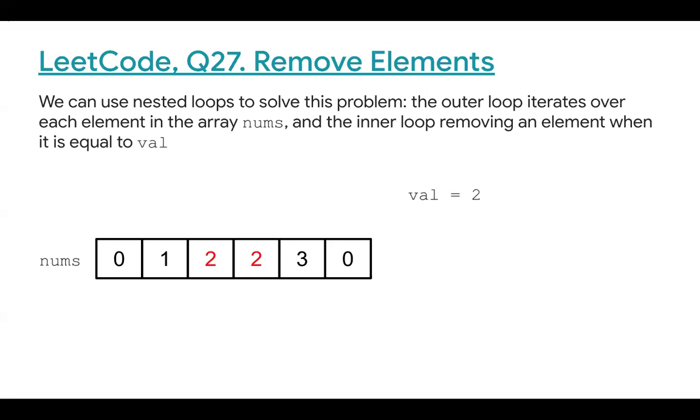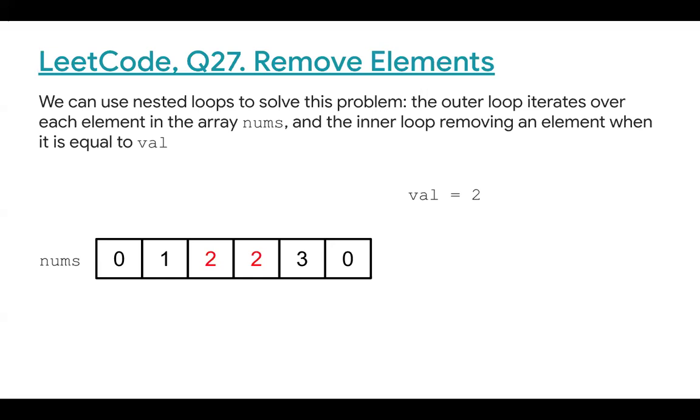Okay, so as you may recall, in the last lecture, we know if we want to remove an element from the array, and when this element is at the beginning or in the middle of the array, we often need a loop, right? Because we will have to move the elements after this removed element 1 slot to the left. So we will need a loop here, because we will also have to loop over all the elements in this array and find out whether an element is equal to val or not.